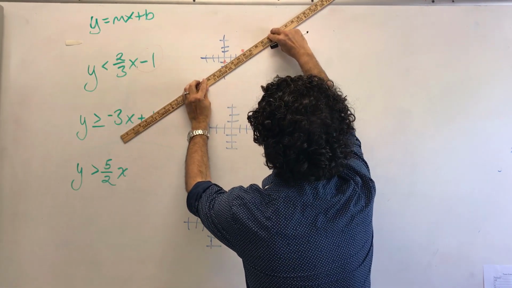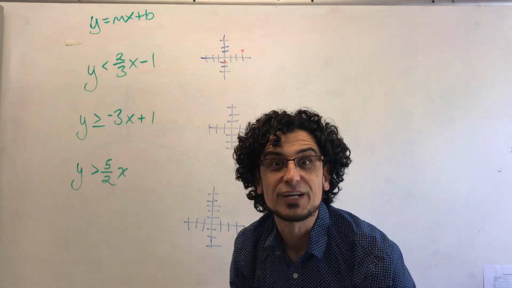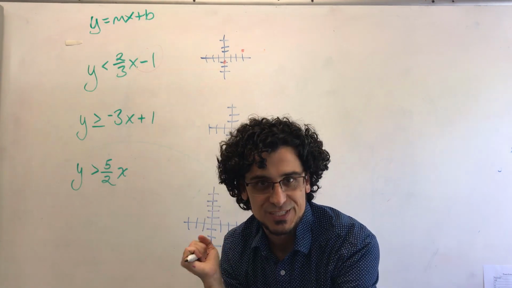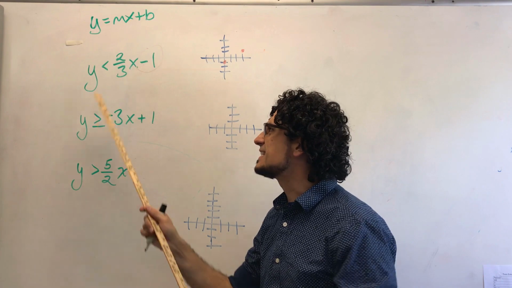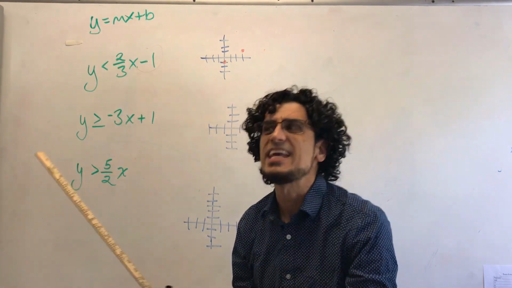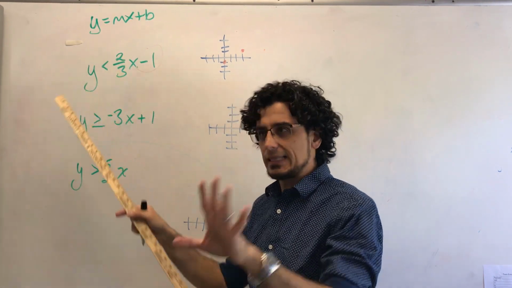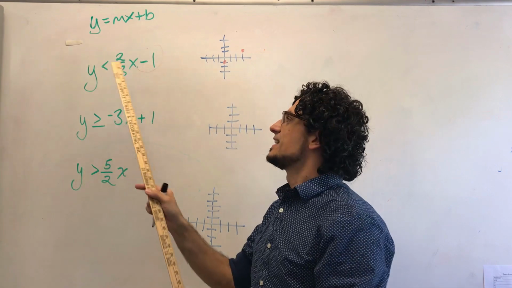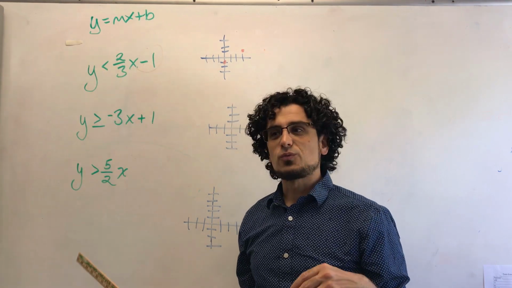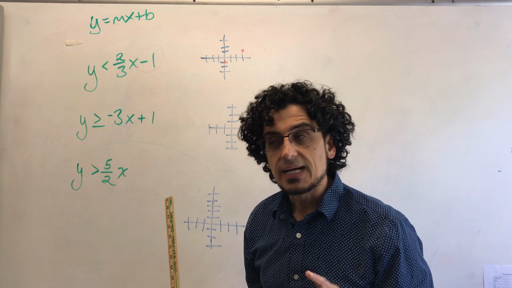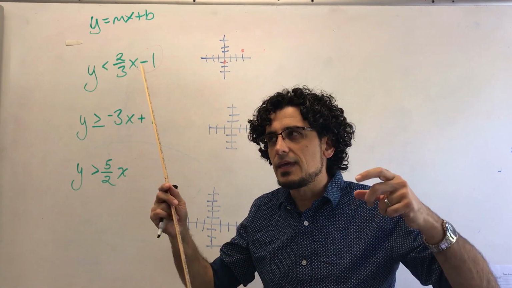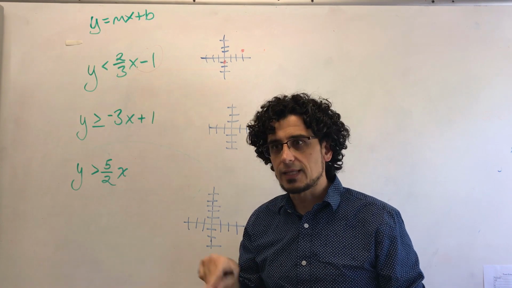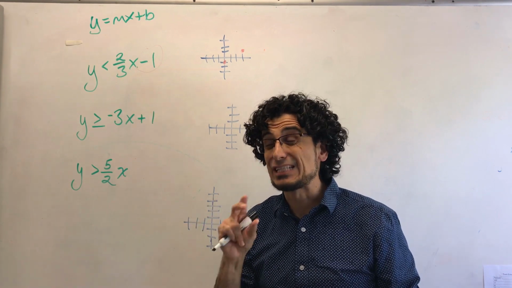All right. Now, this is where inequalities are a little different. The idea is that it's not equal. It's an inequality. And y is less than 2/3 x minus 1. It's not equal to. And because it's not equal to, the solution is not part of the line, which means that the line is hollow.